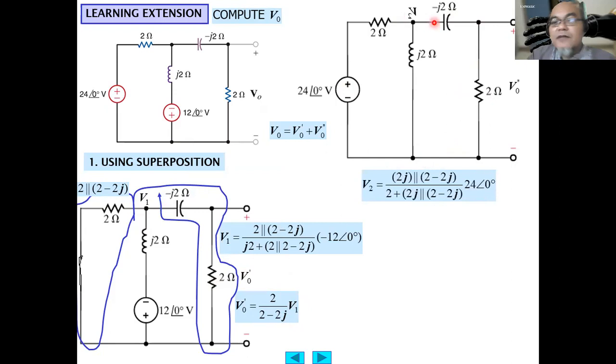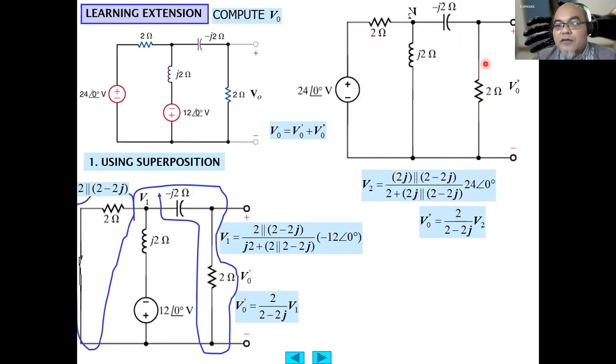To calculate the contribution from the 24 volt source, V2 here can be calculated using the voltage divider formula, which is 2J in parallel with 2 minus 2J, divided by 2 plus 2J in parallel with 2 minus 2J.